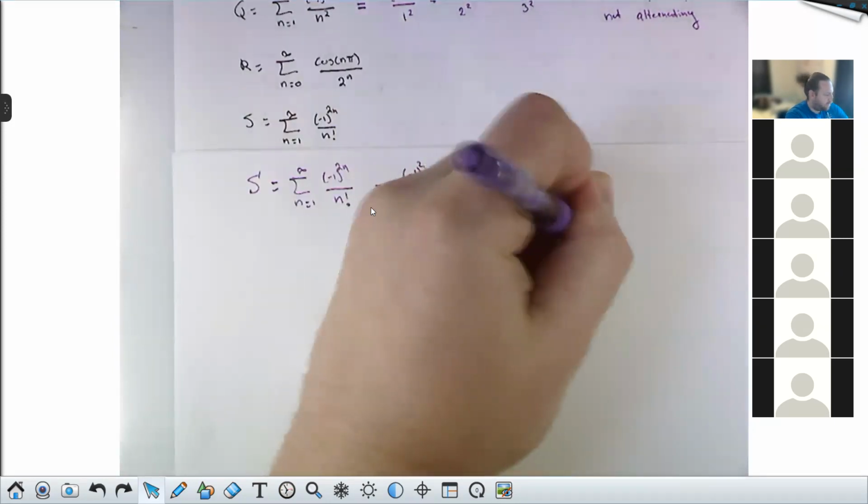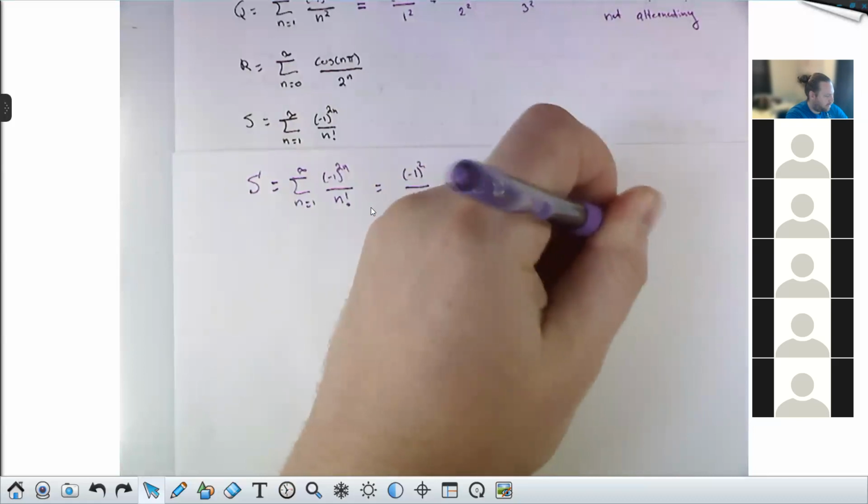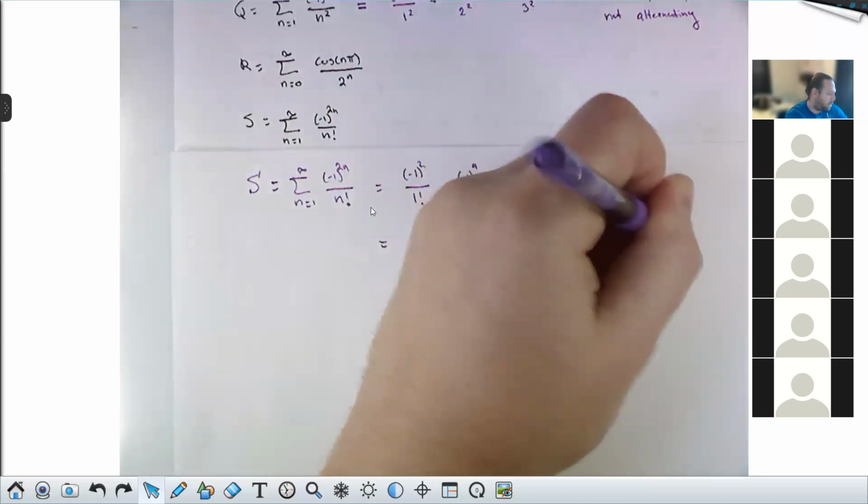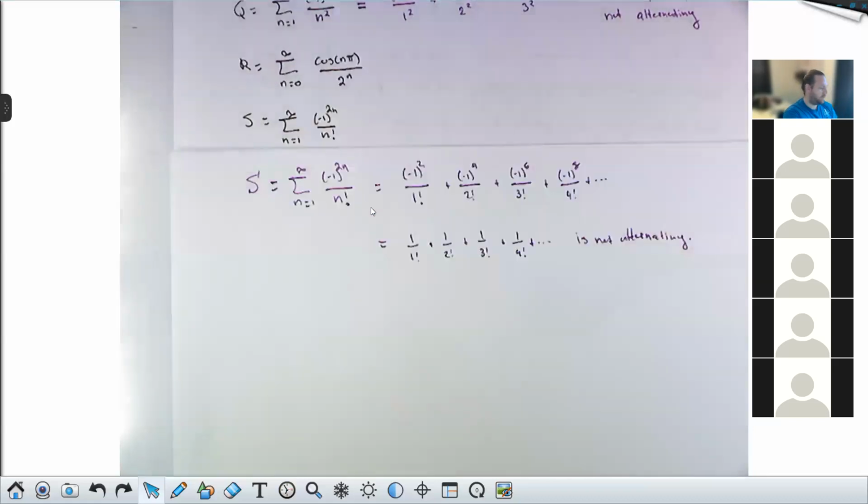This is not alternating. And Enrique is exactly correct about why. It's because the power of -1 here is always even, and an even power of -1 is always just 1.